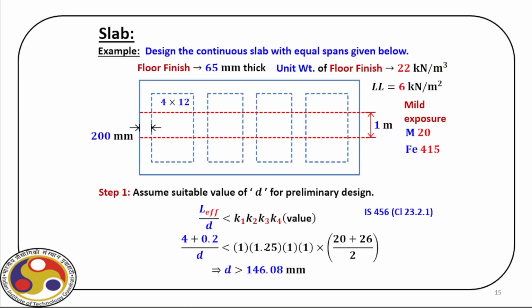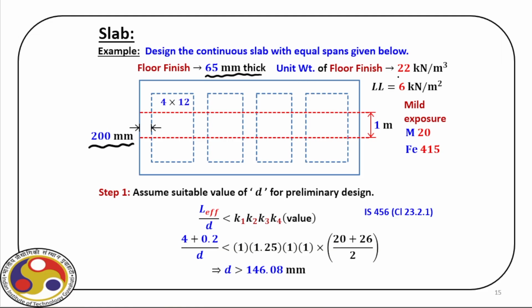Okay. So now take an example. As you can see here, we have to design the continuous slab with equal spans. As you can see, it is spanning over these supports, right? So support width is given, it is 200 millimeter. Then for this slab, we have a floor finish of 65 millimeter thick.